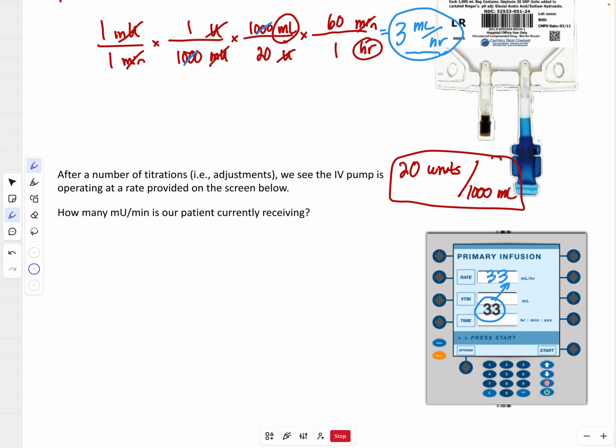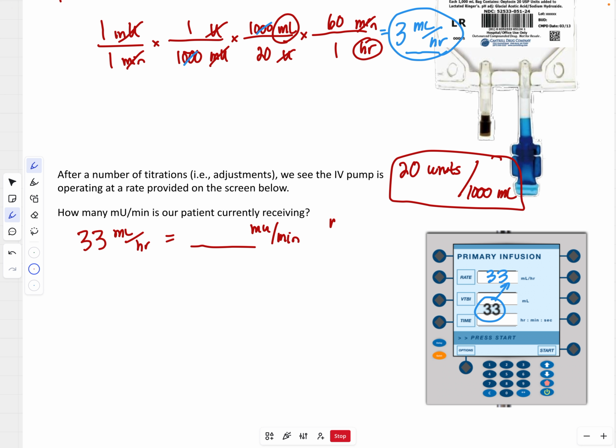Our plan is going to be the reverse direction. Whoops, I'm sorry. We're starting with mLs per hour on the pump. We need to turn 33 mLs per hour into an equivalent number of milliunits per minute.